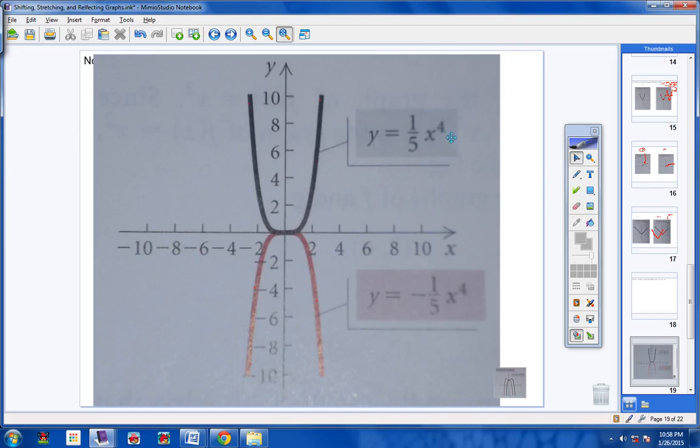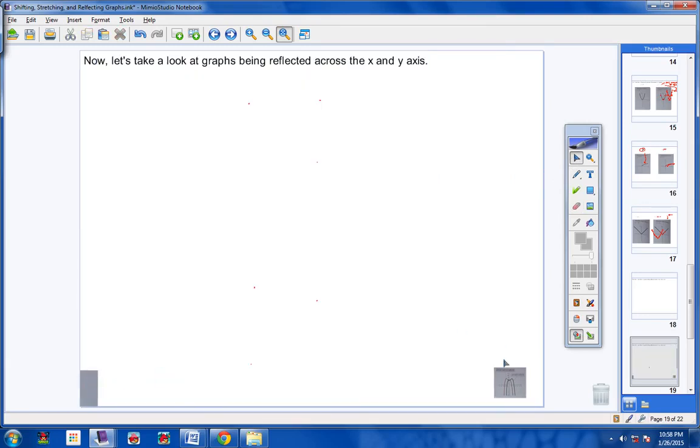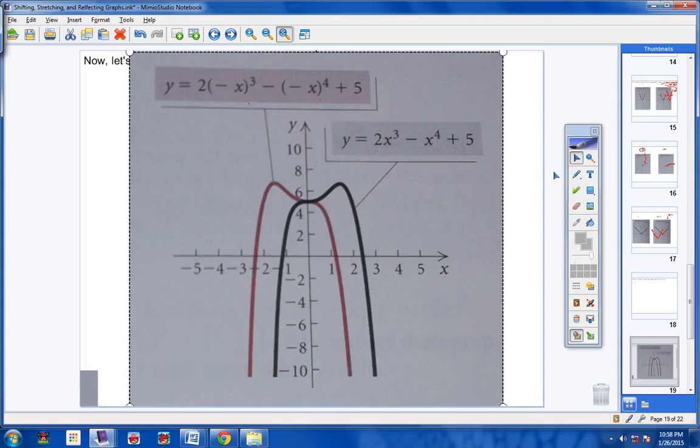Now, let's take a look at another example. Obviously, you can imagine this example is going to be where the negative sign is applied directly to the x, okay? So here we go. Now, notice here's my original function. Notice, here's my first term. Notice we then put a negative inside the parentheses with the x with the 3 on the outside.